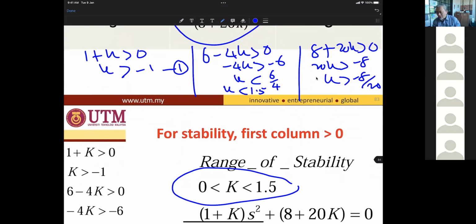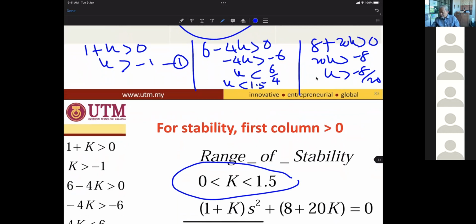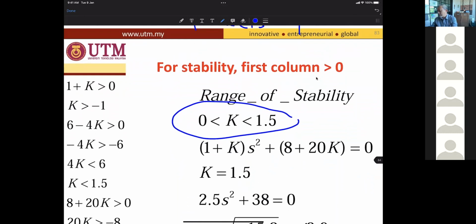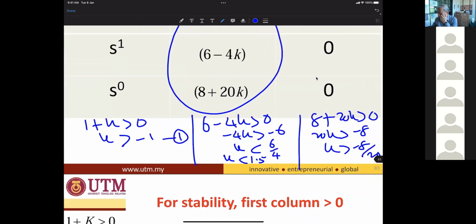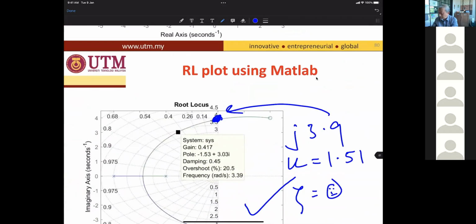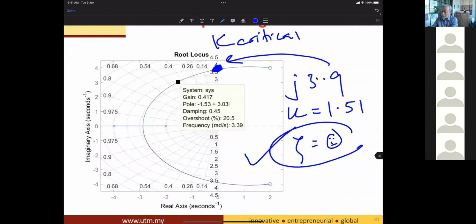Negative gain is not included. Usually gain is a positive value. So we understand that when the locus crosses here, the gain is critical. Damping 0, but the gain value is critical. So you must understand the gain k versus zeta are two different things.